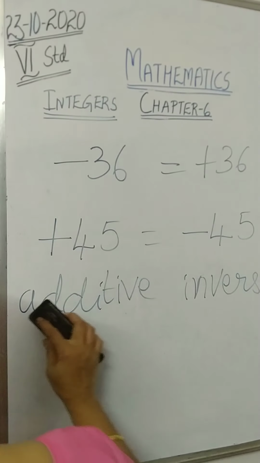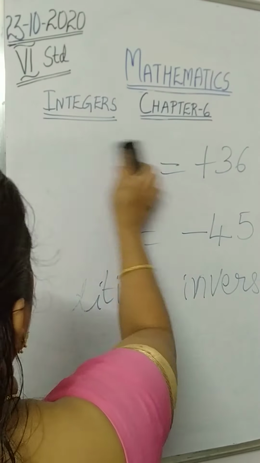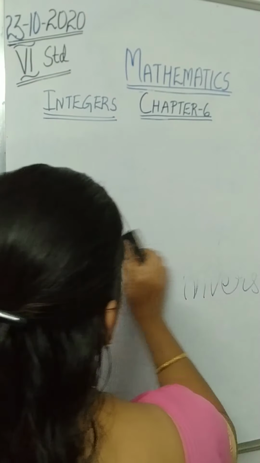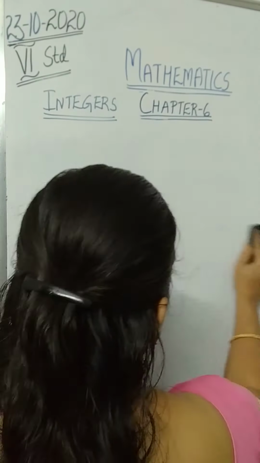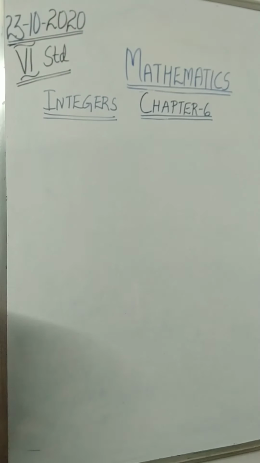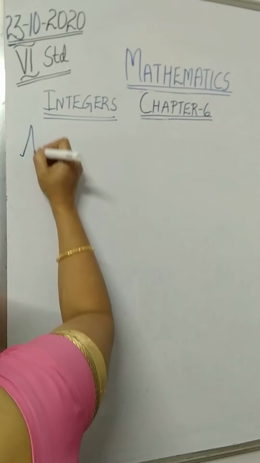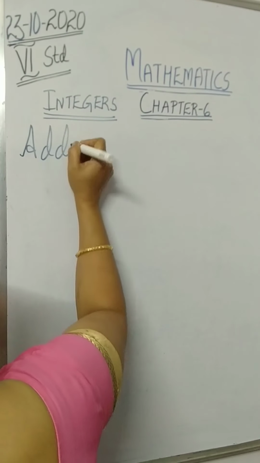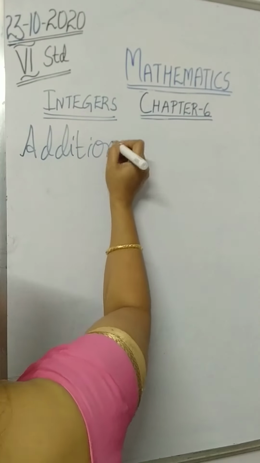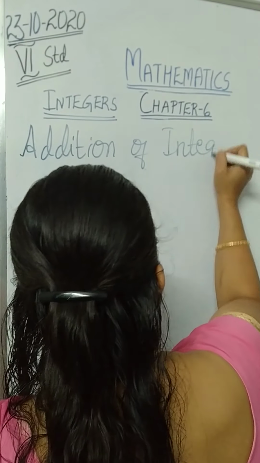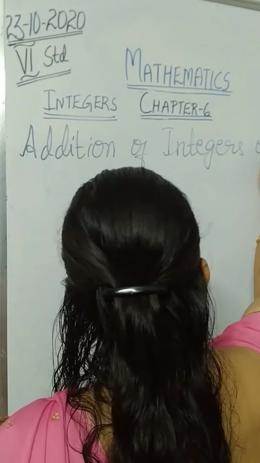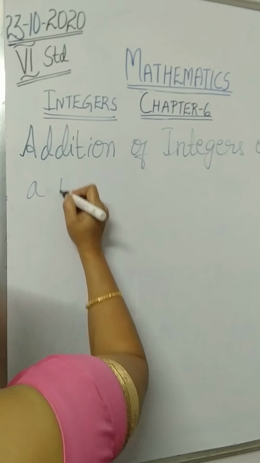Okay? Now, let us see how to add the integers on a number line. That is addition of integers on a number line.